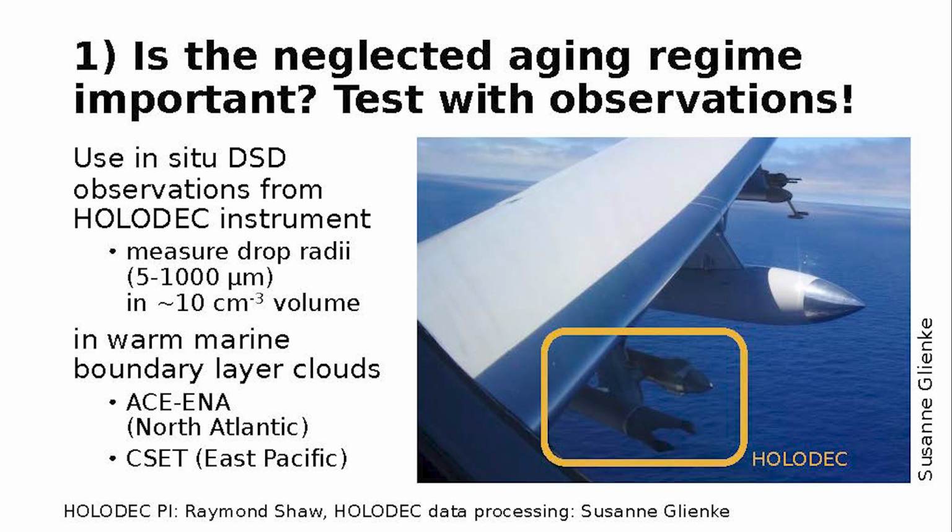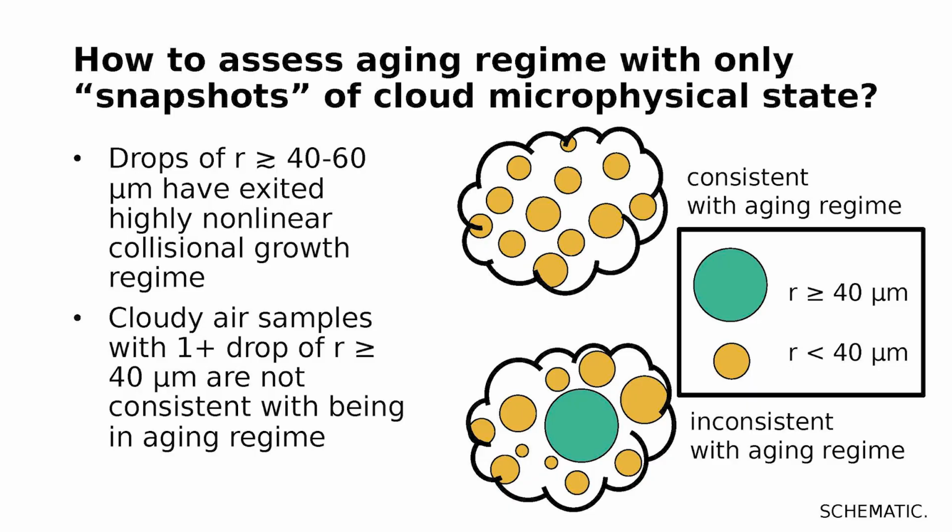We look at these in situ DSDs in warm marine boundary layer clouds from two field campaigns in the North Atlantic and East Pacific, ACE-ENA and CSET. And maybe going back to what Graham Feingold talked about the other day, we are facing the question of how to assess the activity of this aging scheme with only snapshots of cloud microphysical state. We've done a few different experiments to look at this, but I want to present something quite simple in the interest of time.